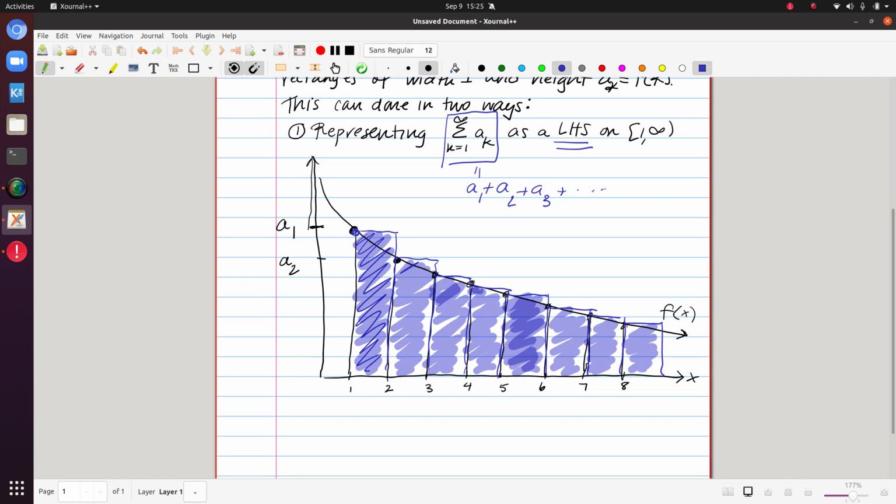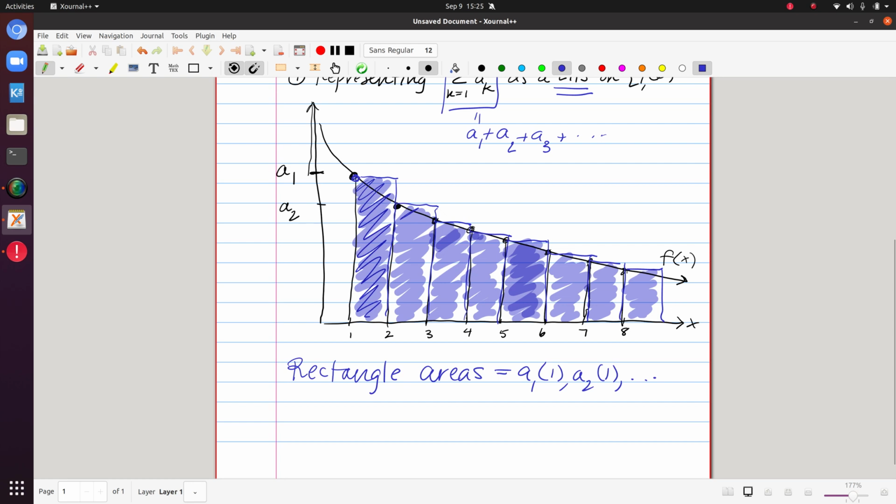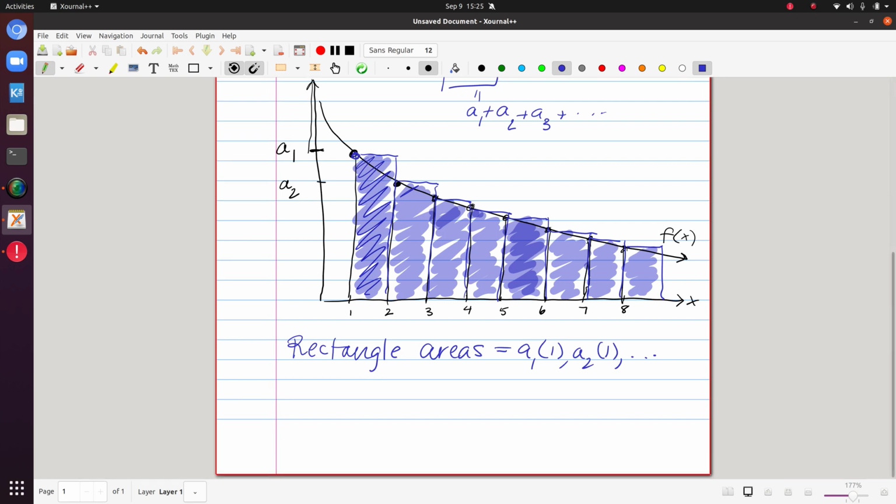So the rectangle areas equal a1 times 1, a2 times 1, etc. So the sum of the rectangle areas is equal to my sum.